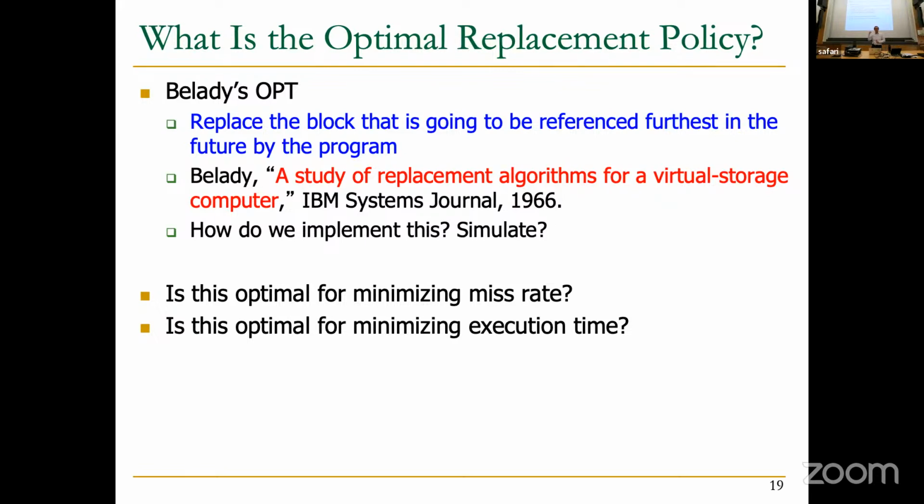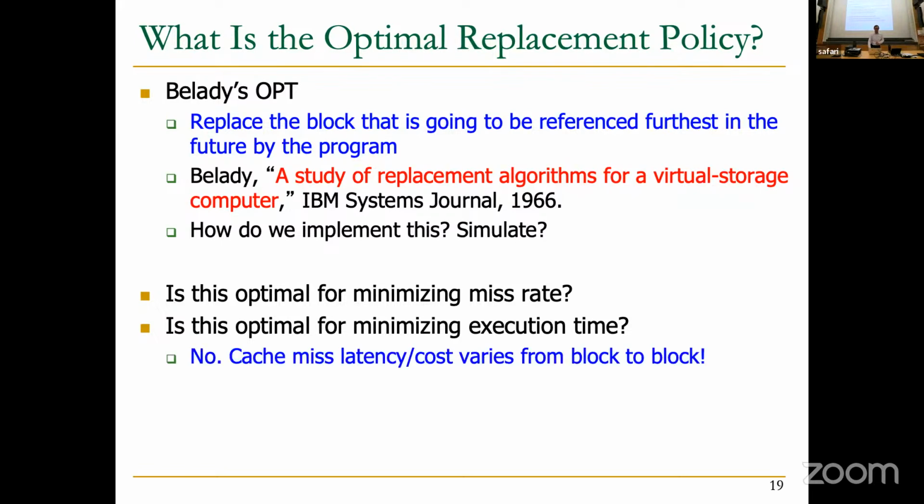And if this is the question, then the answer is this is not optimal for sure, because it doesn't take into account the cost of a cache miss, the latency of a cache miss, basically. Not all cache misses are equal, and I will show you some examples of this, but I've already given you an example, right? If you can fetch the block quickly after you evict it, assuming you need it again, that is a not so costly cache miss.